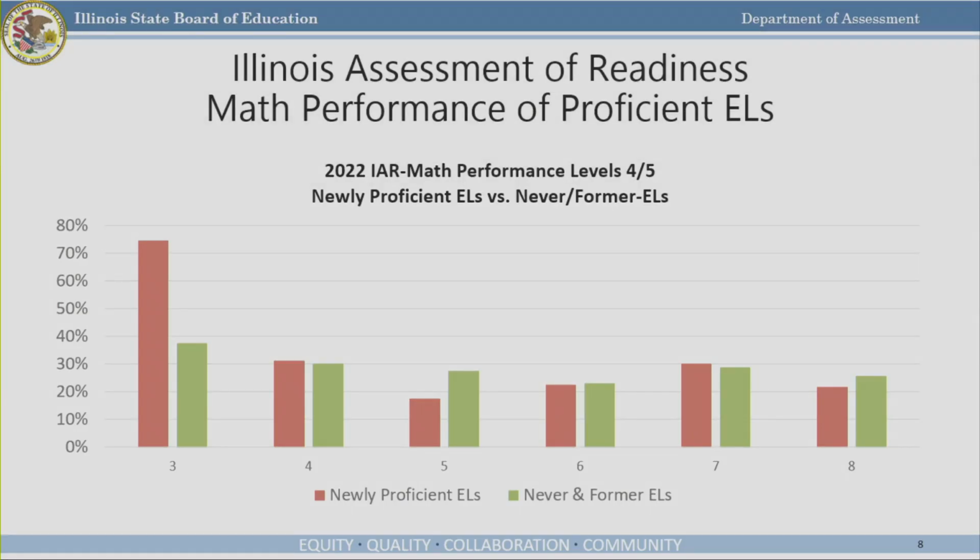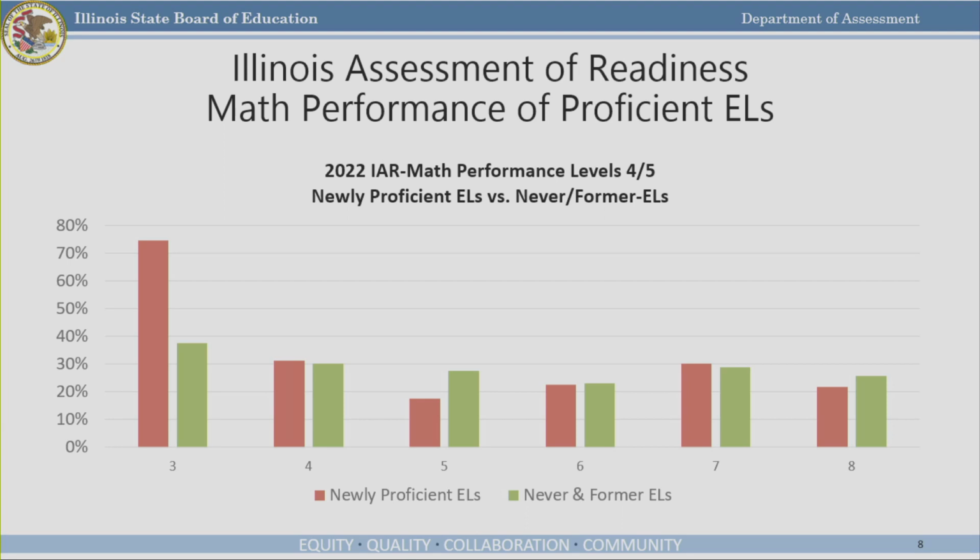And then I have one more like this for the mathematics. And it's not quite the same picture. But again, grade 3 is really strong. These kids in grade 3 who passed ACCESS also reached levels 4 and 5 on the IAR math at a rate of 74%. It's more of a mixed bag for the other grade levels.